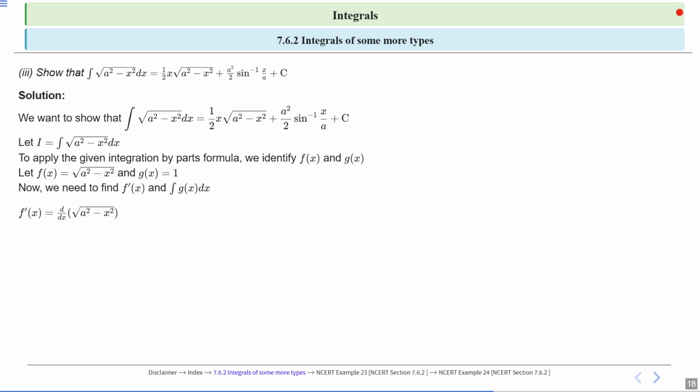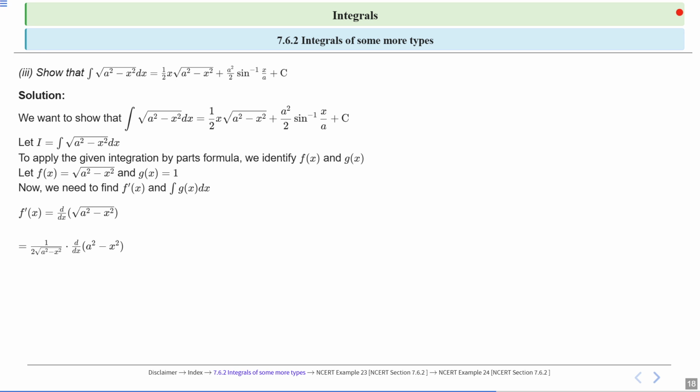So f dash x is equal to d by dx of root under a square minus x square. So we apply the method of chain rule, that is differentiation of f(x) to the power n is n into f(x) to the power n minus 1 into differentiation of f(x).